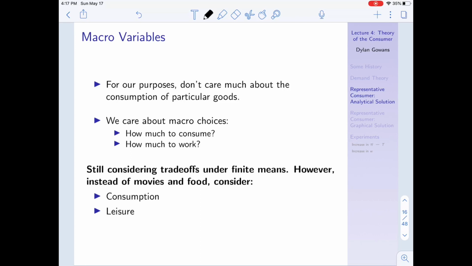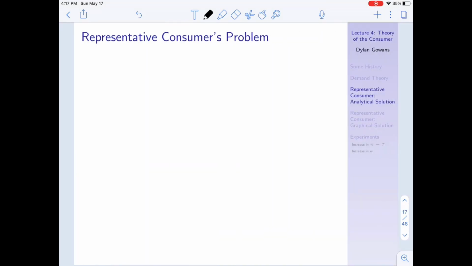But now, consider a consumer purchasing consumption and leisure. So rather than movies and food, just change those two goods to consumption and leisure. So let's talk about exactly what I mean here. So this changes the consumer's problem to the following, okay?